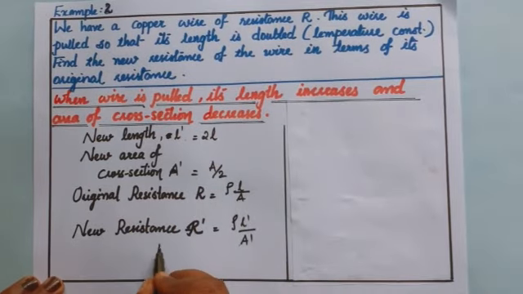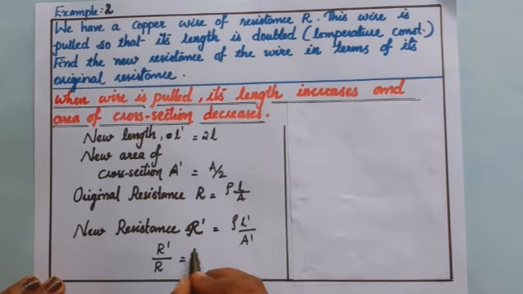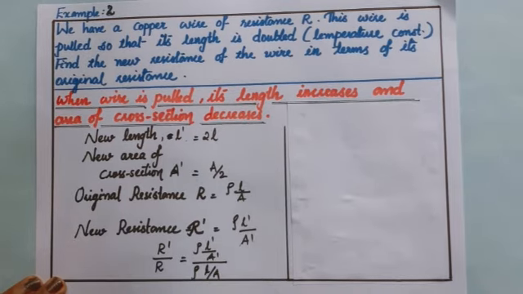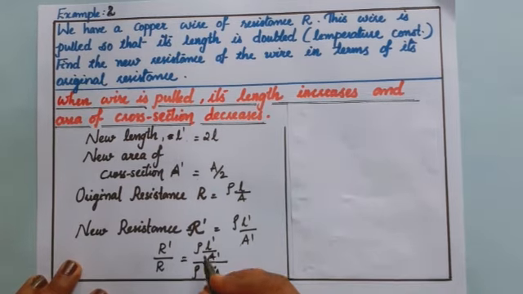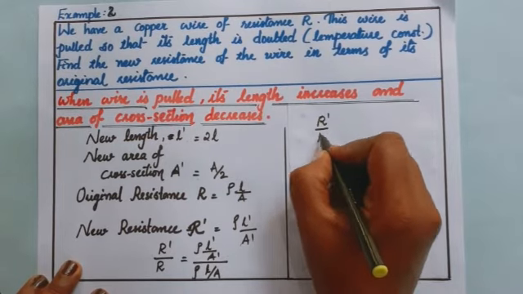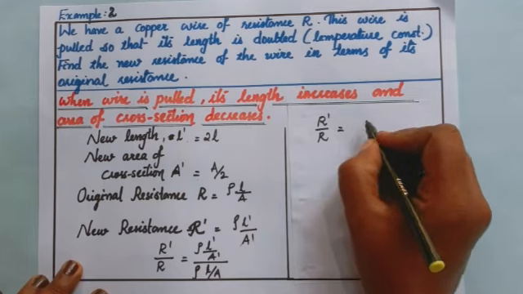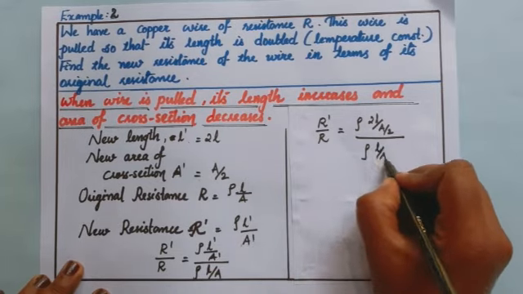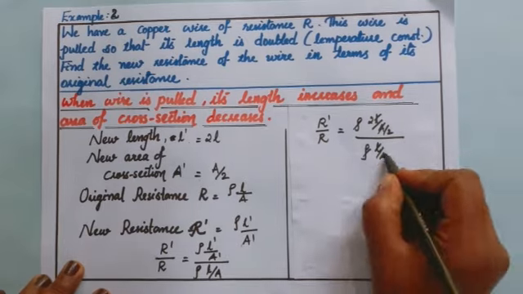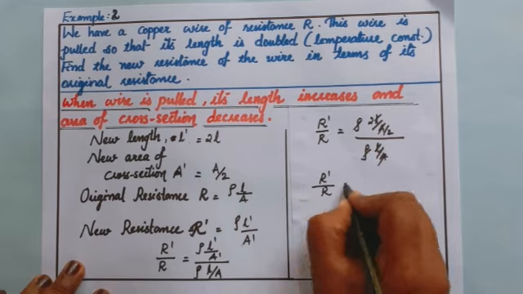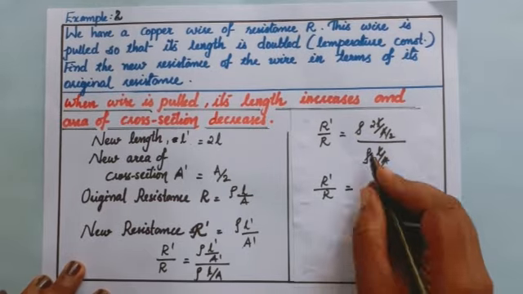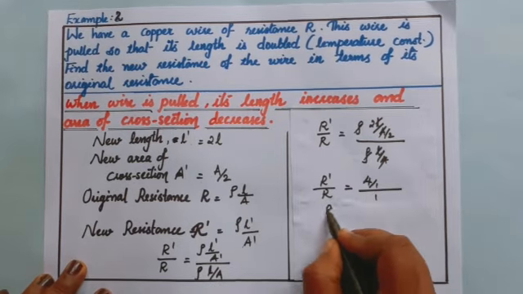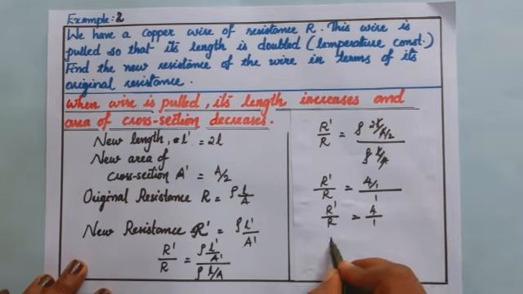R dash by R is equal to rho L dash by A dash divided by rho L by A. Substituting the values, R dash by R is equal to rho 2L by A by 2 divided by rho L by A. Here rho L by A cancels. Then R dash by R is equal to 2 into the reciprocal of 2, which is 4 by 1.